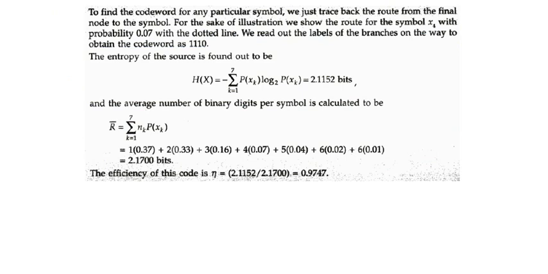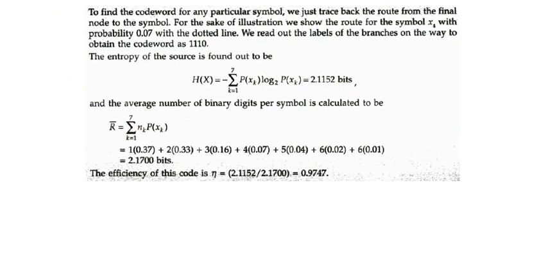We will get around 2.1152 bits. Similarly, the average code word length R bar is summation of k from 1 to 7 n k p of x k, where n k is length of code word. So, 1, 2, 3, 4, 5, 6, 6 and their probabilities. So, average code word length we will get it as 2.1700 bits.